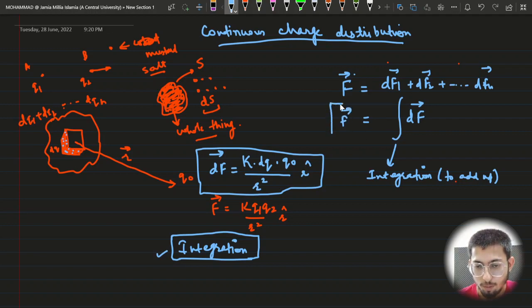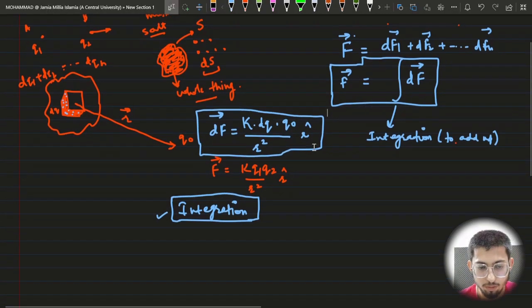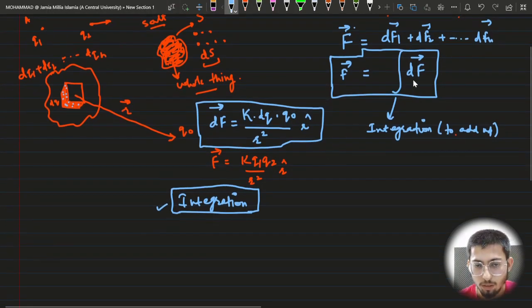And how do we calculate this? It is calculated with the help of formulas, which we will study in maths. But what you can do here is replace this df by this formula.